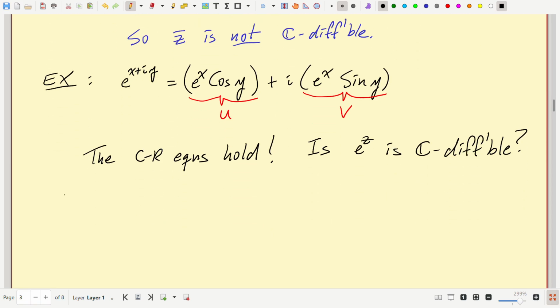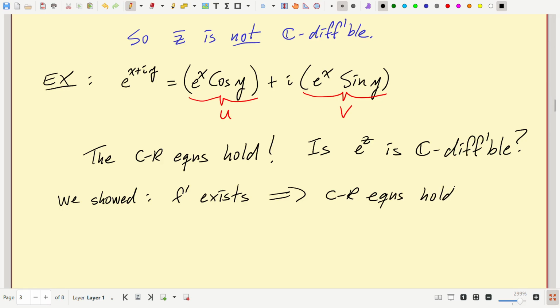Okay, so we showed that f prime exists implies the Cauchy-Riemann equations hold.